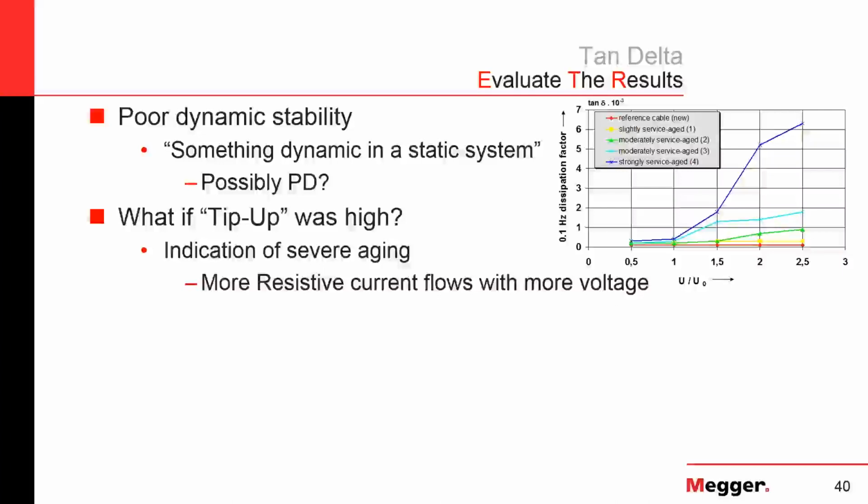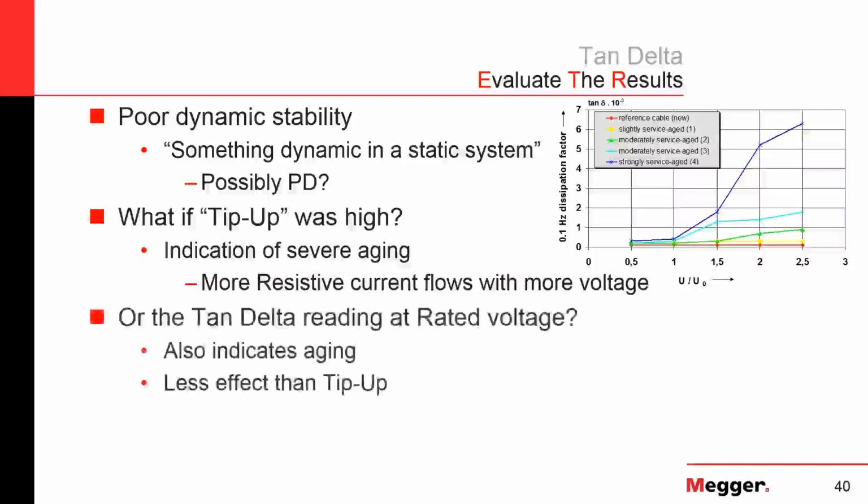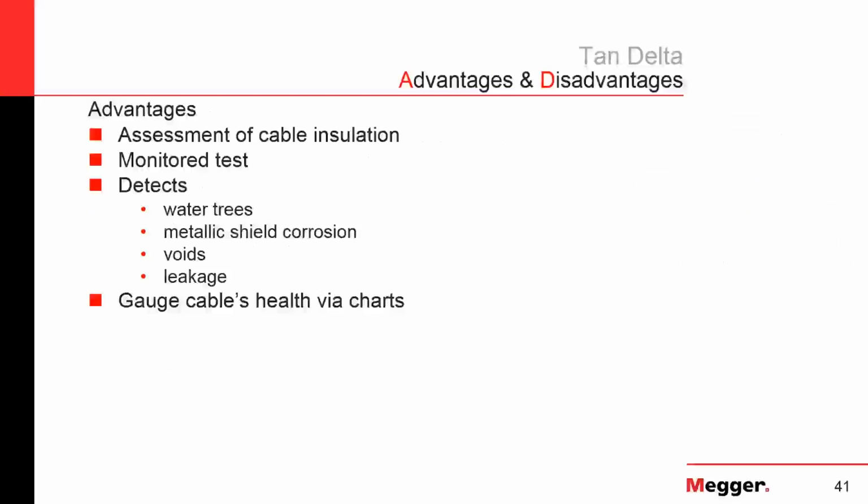More resistive current flows as we apply more voltage, so we get a higher and higher tan delta number. Or if the tan delta reading at rated voltage increases, that also indicates aging, but there's less of an effect there, as you can see from the chart, than the tip-up measurements. So tip-up is often the most telling tan delta result.